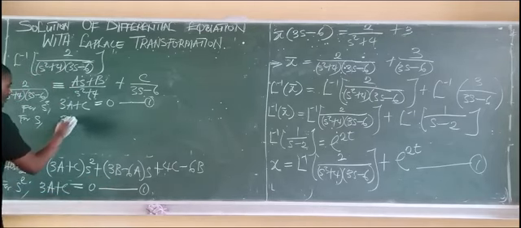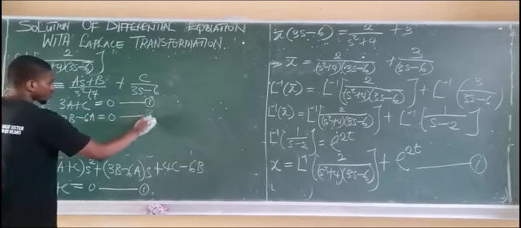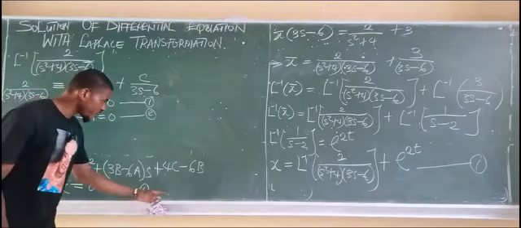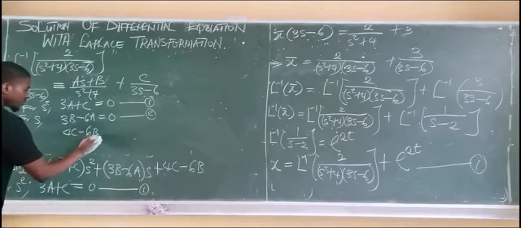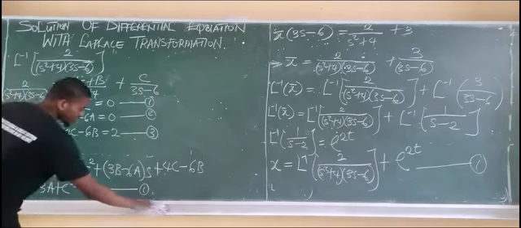So 3b minus 6a is equal to 0. Call this equation 2. And finally, for the constant term, on the left hand side we have 2, and on the right hand side we have 4c minus 6b. So 4c minus 6b is equal to 2. This is equation 3.